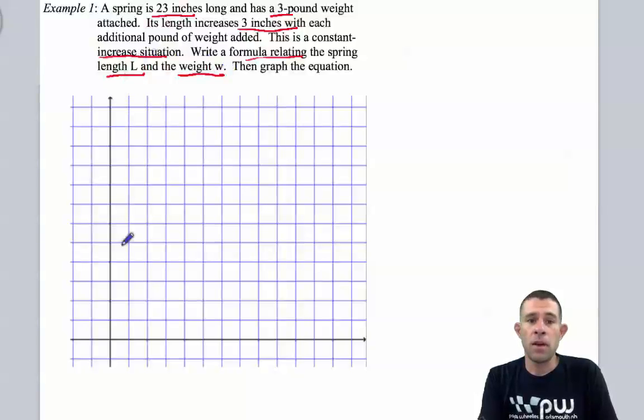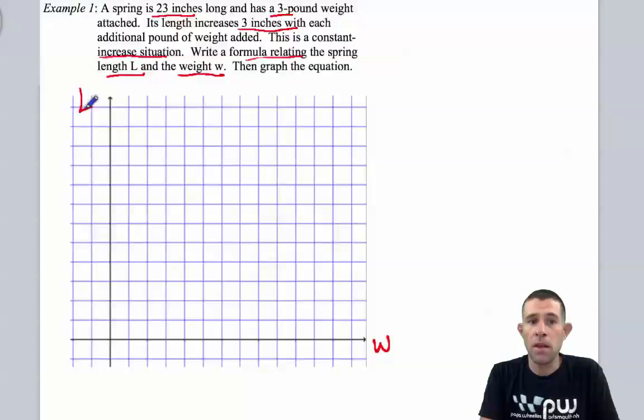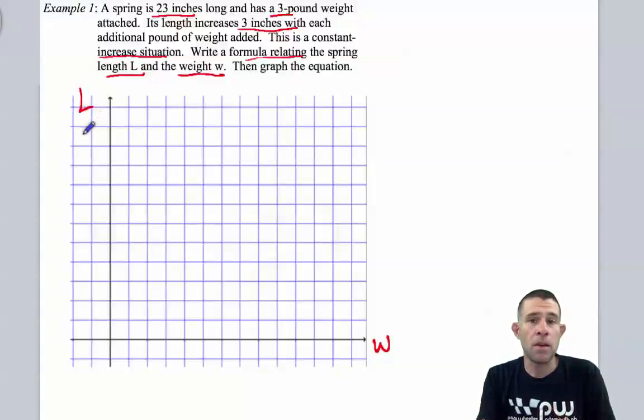So let's organize our variables. First of all, W is our independent variable and the length of the spring is dependent upon the weight. Now let's write one of our coordinate points that falls on this line. We know that the length of our spring is 23 inches when the weight attached to it is 3 pounds.